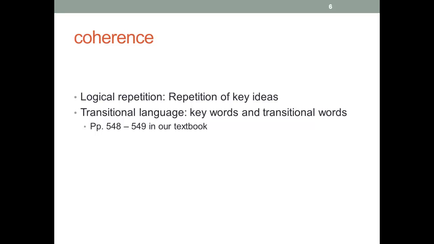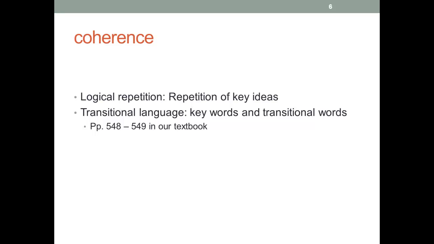Okay, coherence. What coherence means in a paragraph is that you provide logical repetition and transitional repetition and language within the paragraph. For example, you want to repeat the key ideas throughout the paragraph. You want to link together those ideas to show the relationship between and among those ideas.